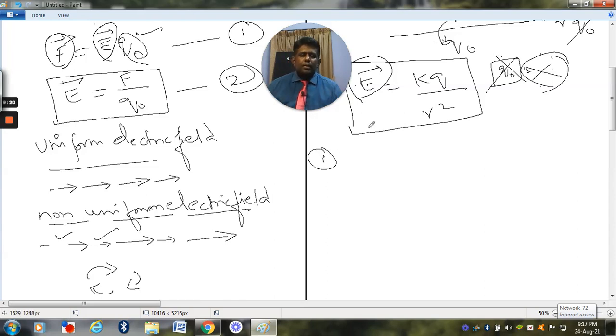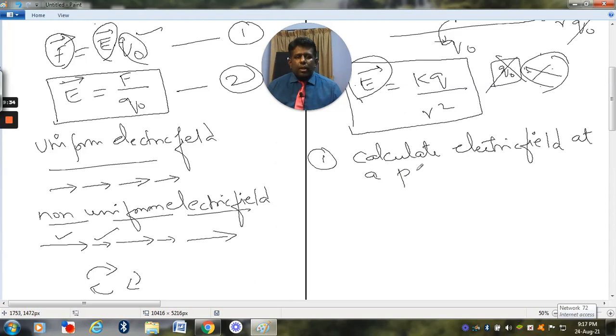First problem. Calculate electric field at a point P. See, this is the diagram.